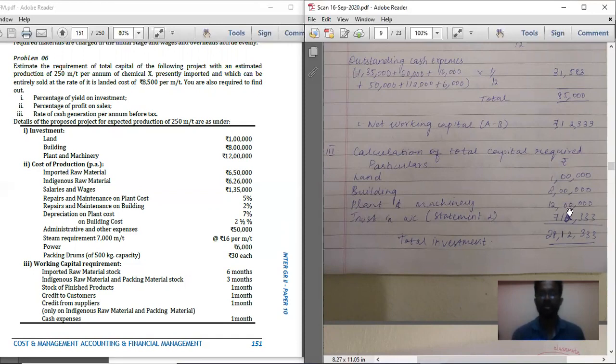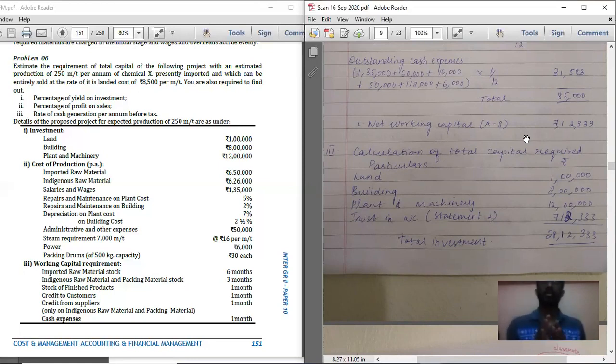Next, see, this net working capital is also an investment. That is investment in working capital. You need that 7,12,333 to run the business. So this 7,12,333 is also an investment, because net working capital is nothing but current assets minus current liabilities, so it forms part of the working capital requirement.